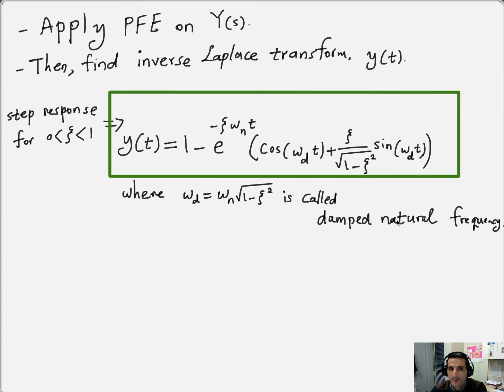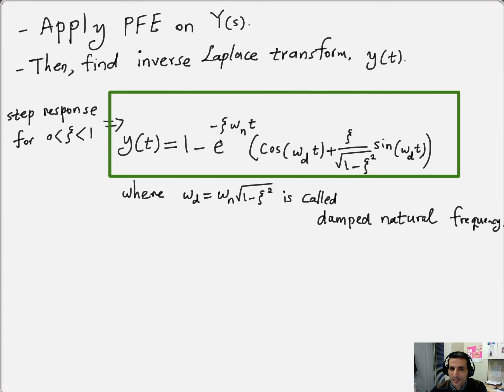As you see in the step response, the frequency associated with the sine and cosine terms is actually going to be omega d. It's not omega n anymore, and the reason is that the natural frequency changes because of the damping. These sine and cosine functions are multiplied by the exponential term.